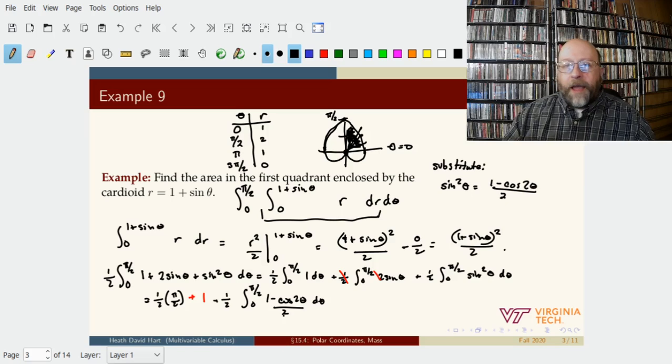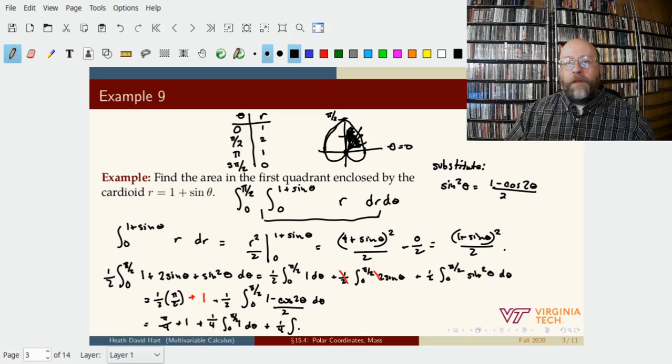I can pull the 2 out again and get a 1/4. So this is pi over 4 plus 1 plus 1/4, and then break this up into 2 integrals again. 0 to pi over 2 of 1 plus 1/4 times the integral from 0 to pi over 2 of cosine of 2 theta, d theta.